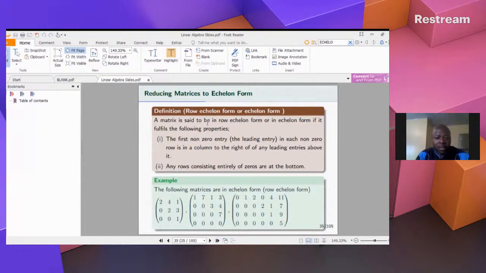So we can say that a matrix is in echelon form, or a matrix is not in row echelon form, if it fulfills the following properties.